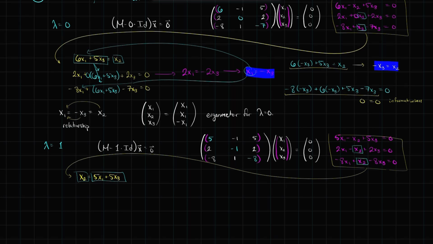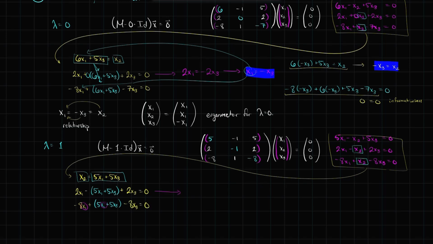So the second line now reads 2x1, instead of minus x2, I'll write it as minus everything that was above, 5x1 plus 5x3 plus 2x3 is 0. And the bottom line now reads negative 8x1 plus x2, but I'm replacing from above, 5x1 plus 5x3 minus 8x3 is 0.